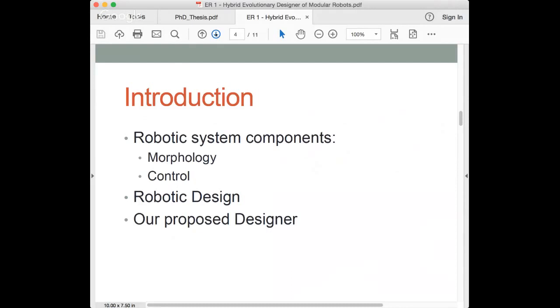In our proposed system, both morphology and control are co-evolved during runtime, using real hardware to continuously produce new feasible robots. We are going to describe the hardware that we use in the next slide, which is kind of different than other systems that use some simulation environments without considering any physical limitations.